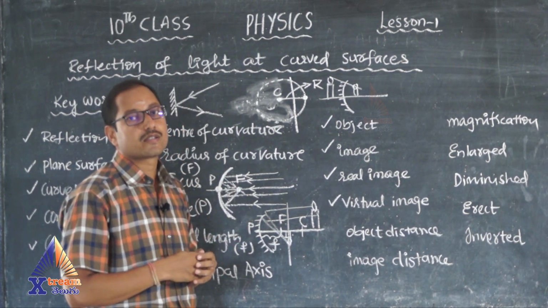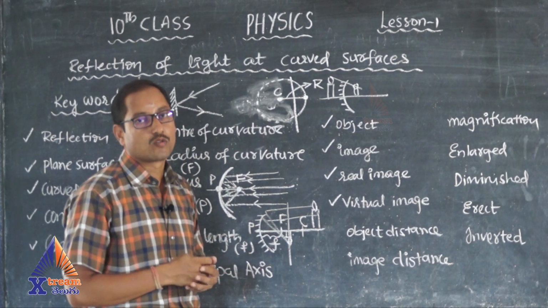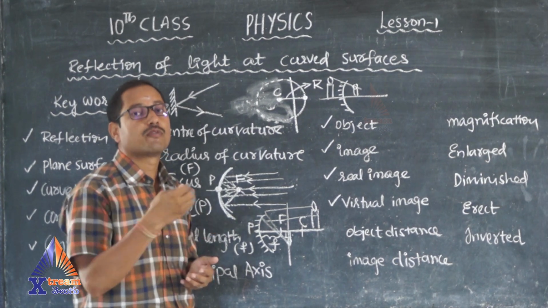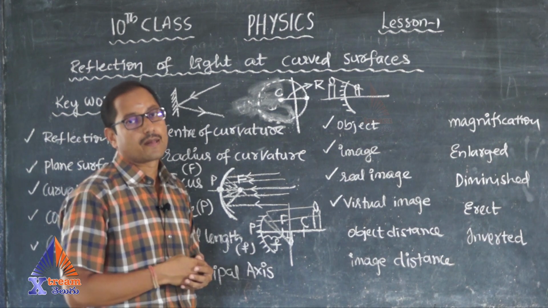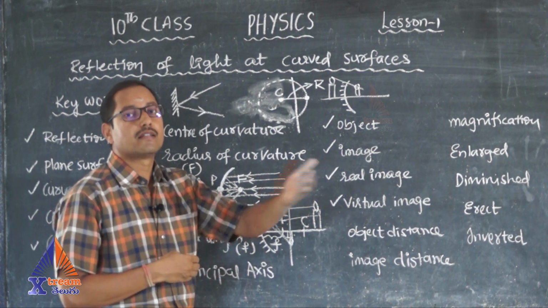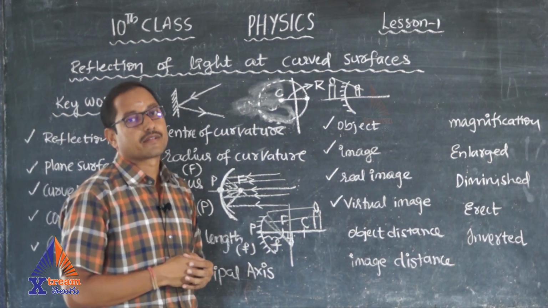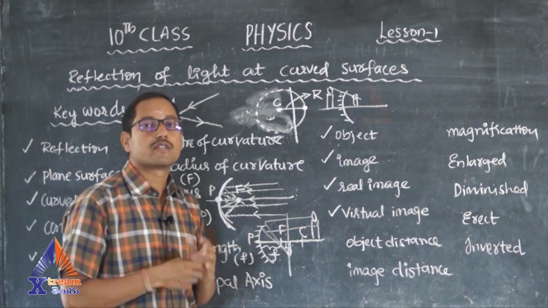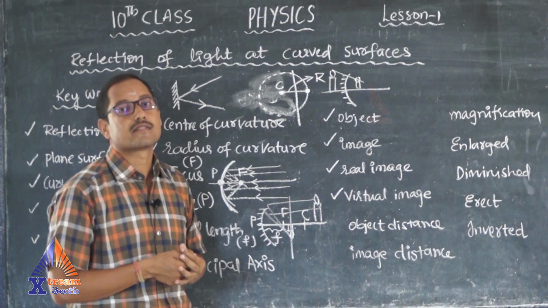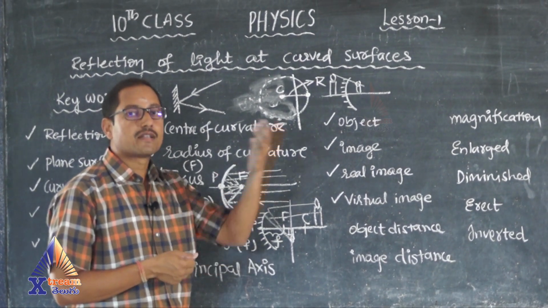Such kind of images which are not obtained in the real world, they cannot be caught on the screen, they are formed inside the mirrors. Such kind of images are called as virtual images. Why? Because they don't have existence at all. They form inside the mirror.